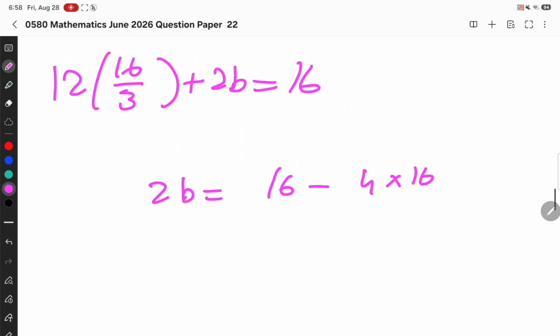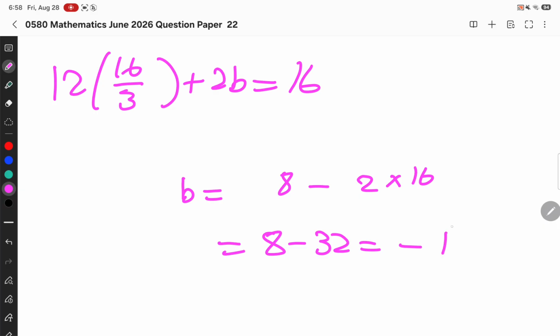This is 4 times 16, so you can simplify further. I won't show all the working, you guys can do the working. So this is 8 minus 32, which is equal to negative 24.